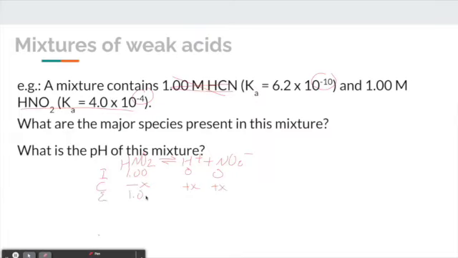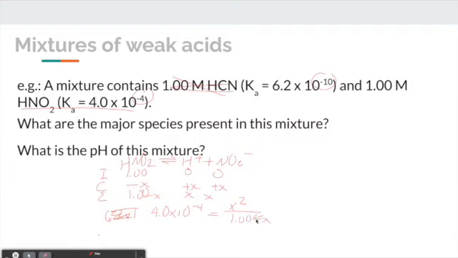At equilibrium, 1.00 minus x, and x and x. So at equilibrium, Ka, which is 4.0 times 10 to the minus 4th, is going to be equal to x squared over 1.00 minus x.